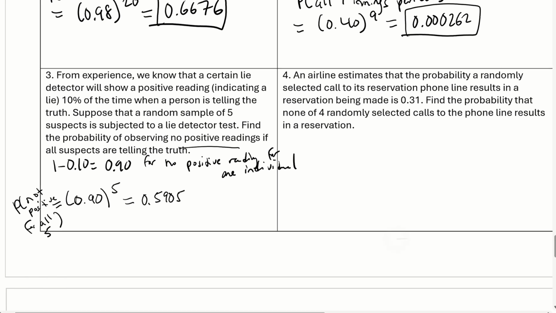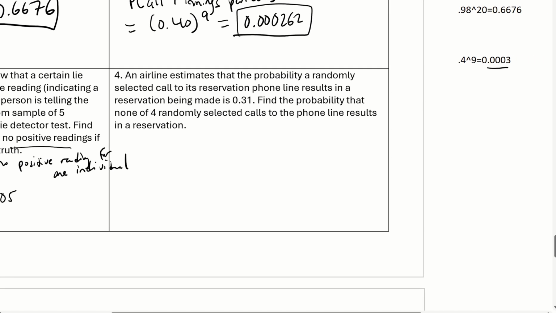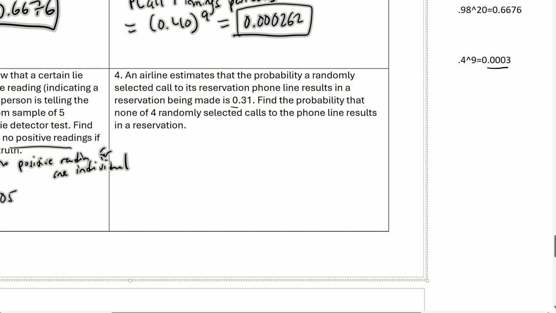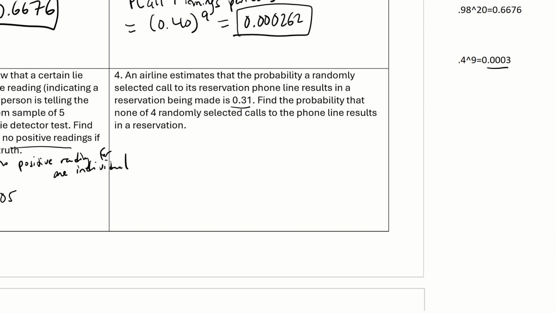All right, so number 4, an airline estimates that the probability that a randomly selected call to its reservation phone line results in a reservation being made is 0.31. Find the probability that none of the 4 selected calls to the phone line results in a reservation.